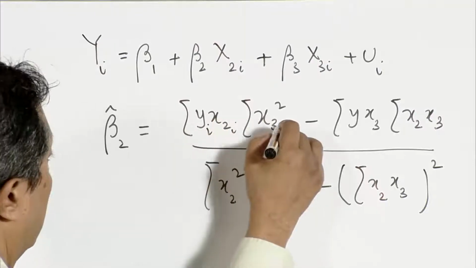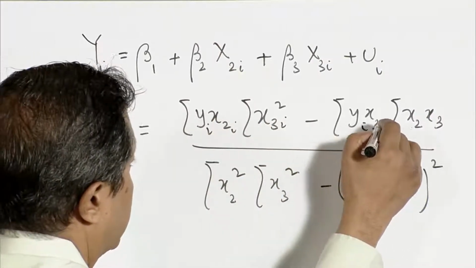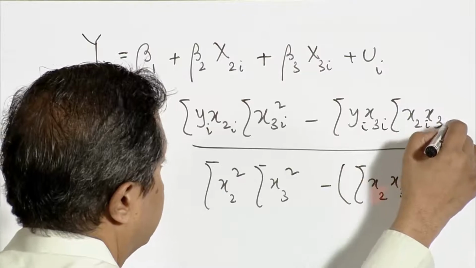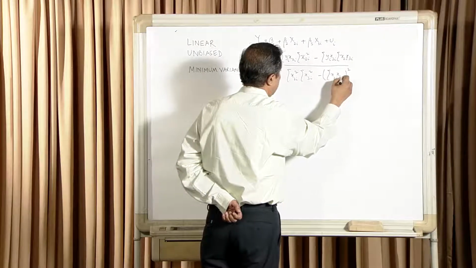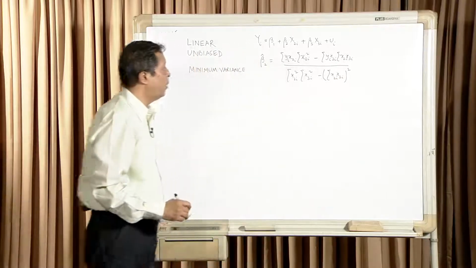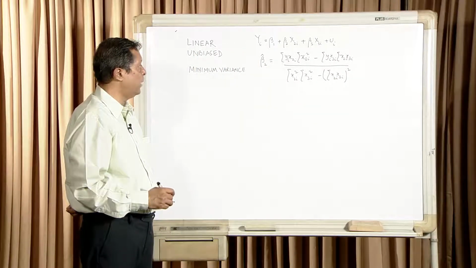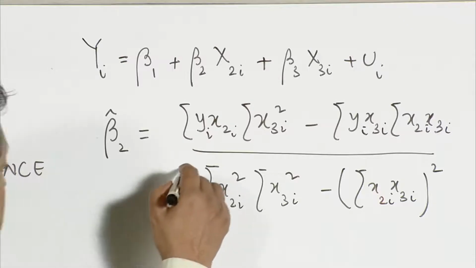Needless to mention, these all have the subscript i for the ith observations, because the summations run from 1 to n.